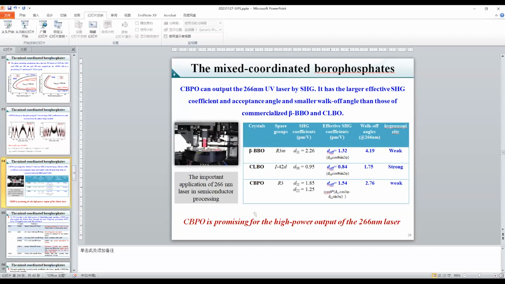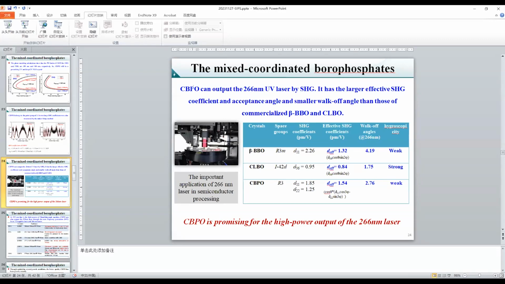Firstly, we evaluate its application for 266 nanometer laser output. We know this wavelength laser is important for semiconductor processing.